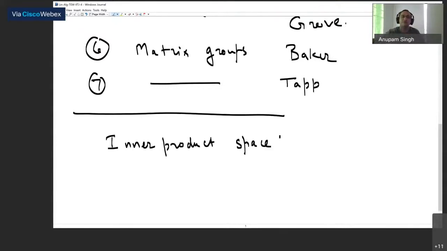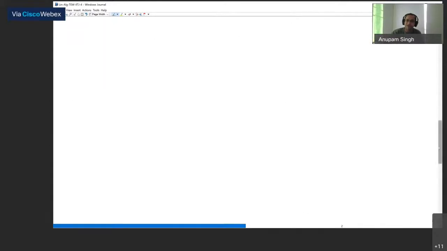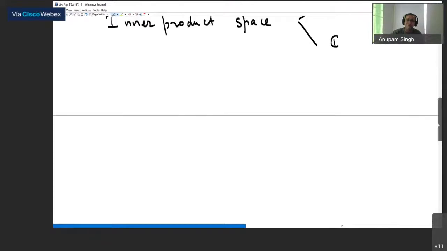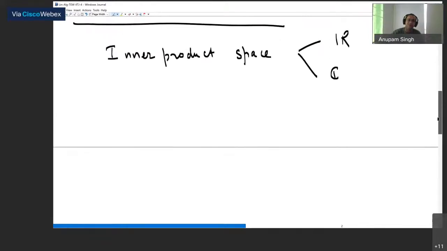And we said that we will be looking at two different inner product spaces, one real and another complex. Together we are calling them inner product space, unless I need to prove some theorem where I specifically need the property of the field, real or complex.